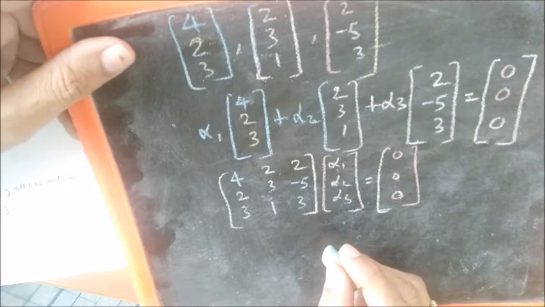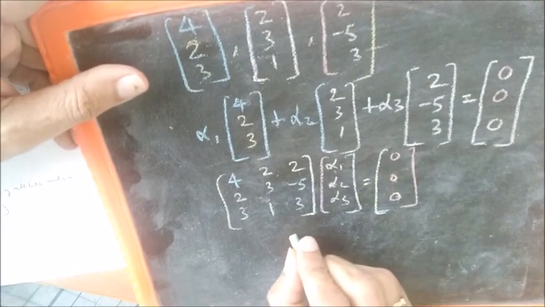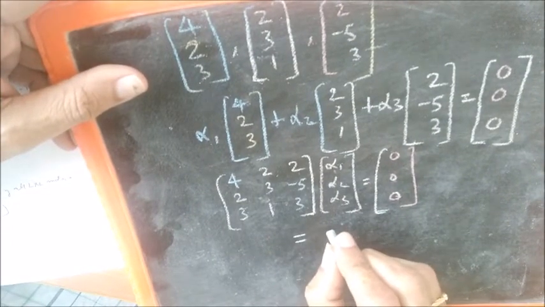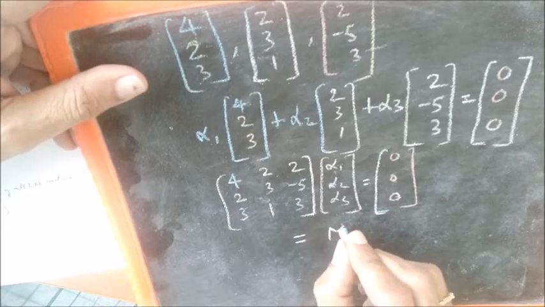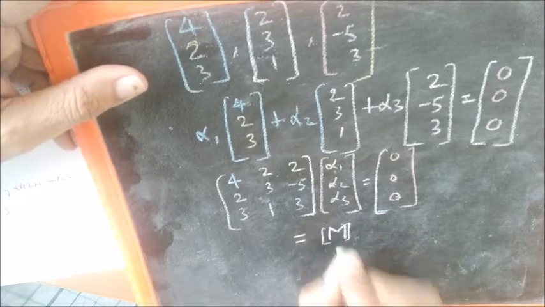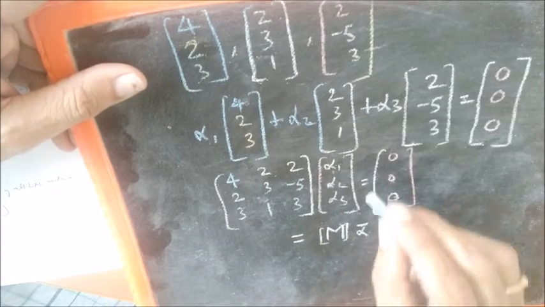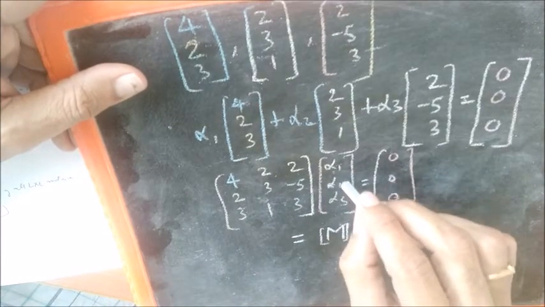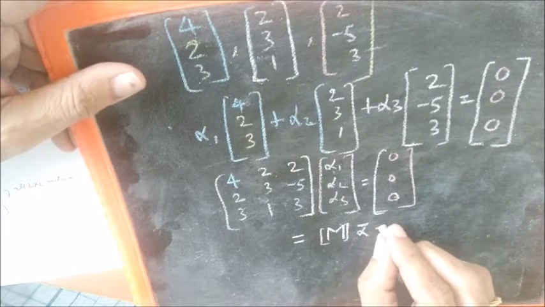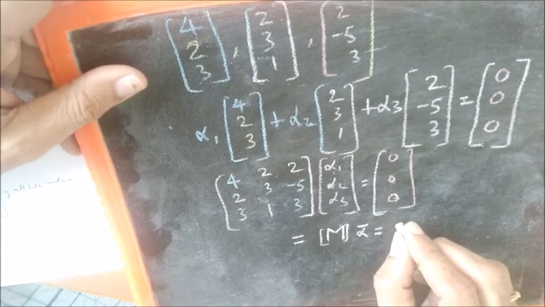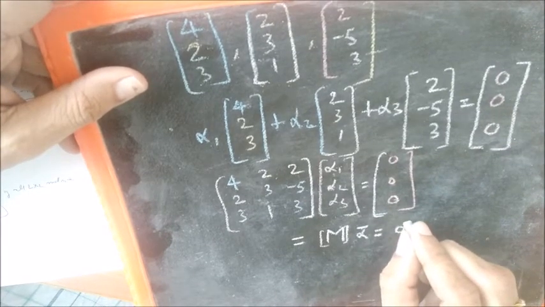So in general, we can write this as M alpha equals the 0 vector, where matrix M is this, and vector alpha is made up of these scalars alpha 1, alpha 2, alpha 3.